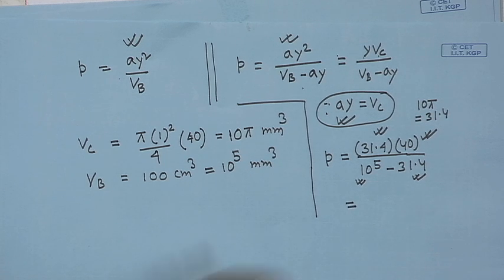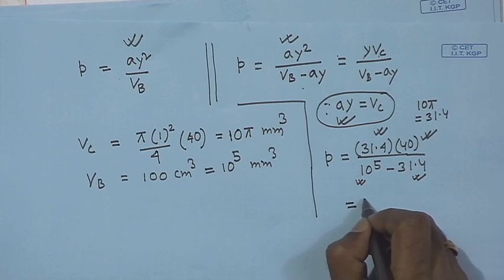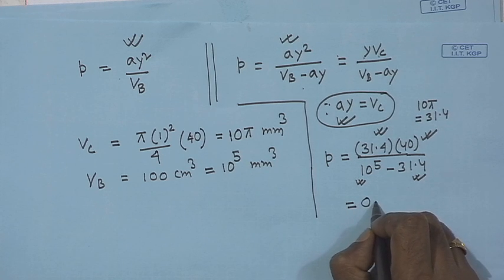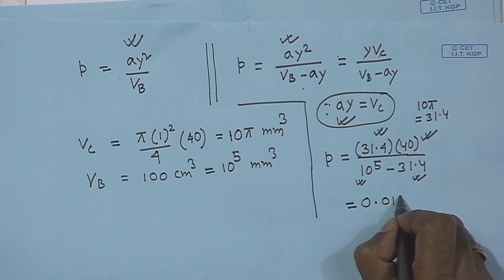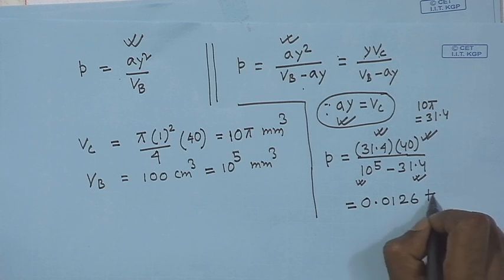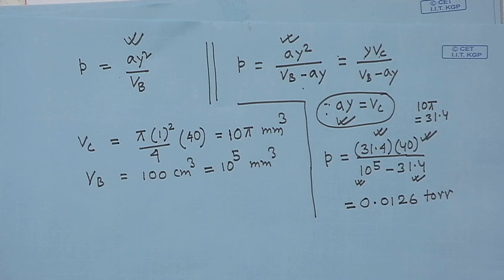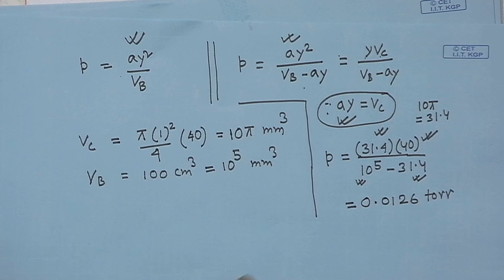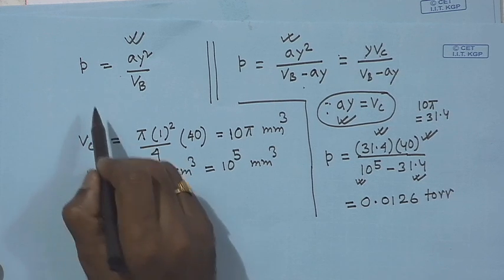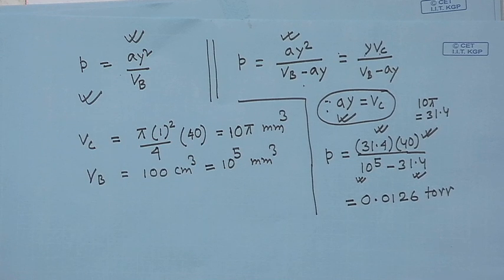If you calculate this, it will come as 0.0126 torr. If you use this equation, you will also get a value very close to this.